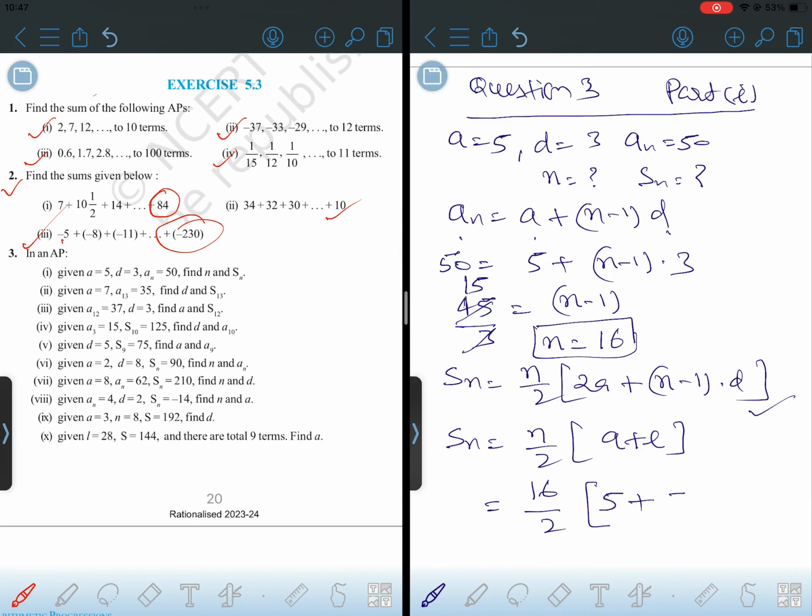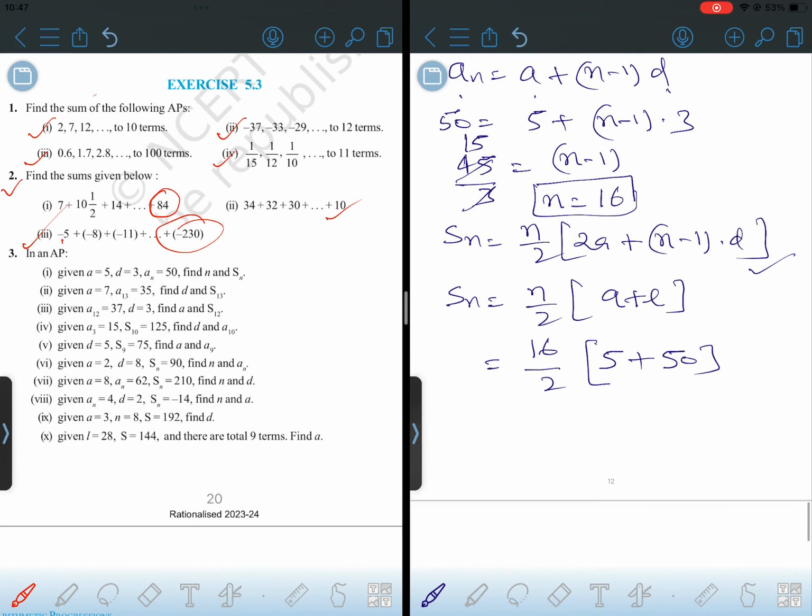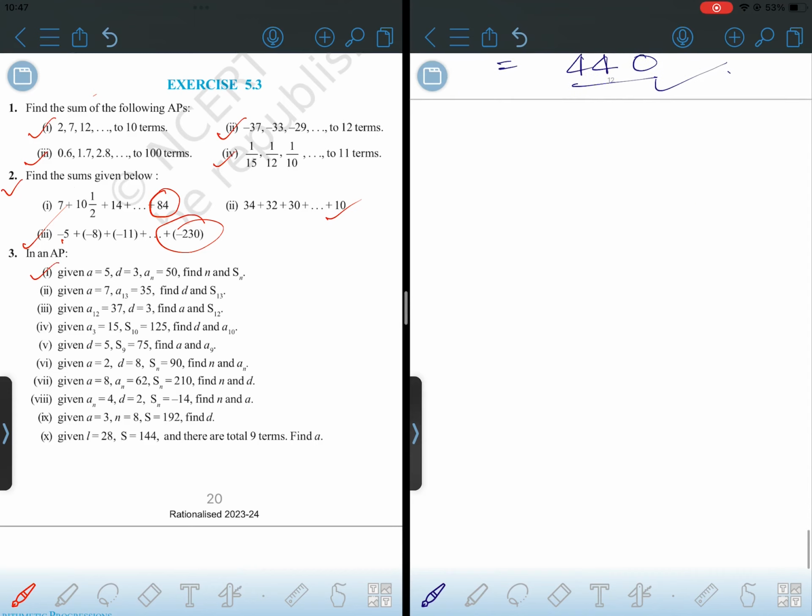That gives us 8 into 55. 8 fives are 40, remainder is 4, so 440 is your answer. So I think the first part is completed. Let's focus on the second part, question number 3, part number 2.